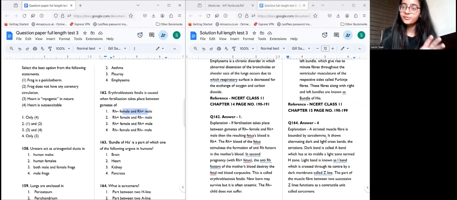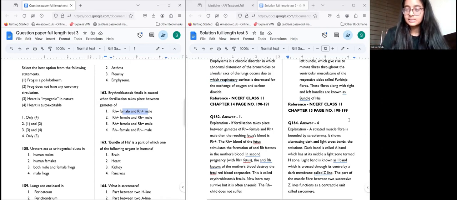So now the Rh positive blood of the fetus will cause the stimulation of anti-Rh antibodies in the mother's blood. Now these antibodies are present. The first pregnancy will be normal, but in the second pregnancy, the mother's body already has anti-Rh antibodies, right? So these antibodies will attack the fetus in the second pregnancy and will destroy the fetal RBCs.